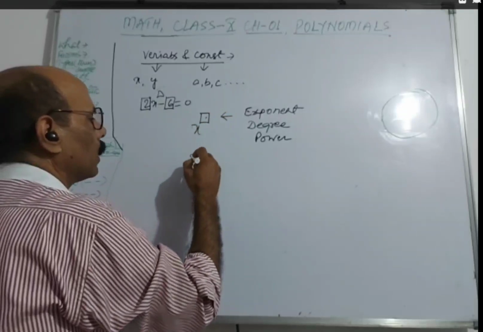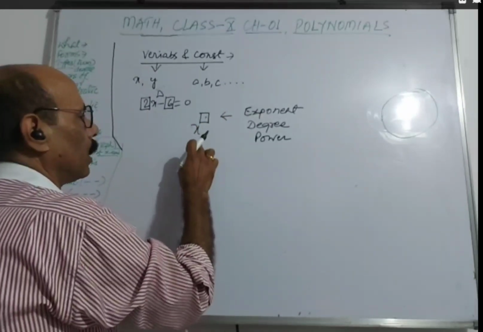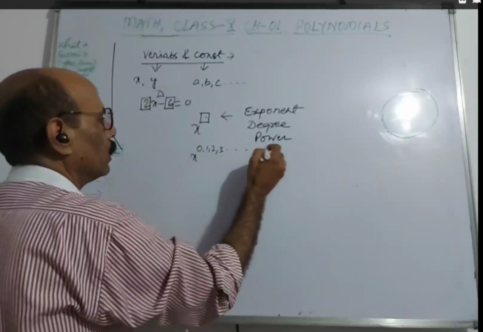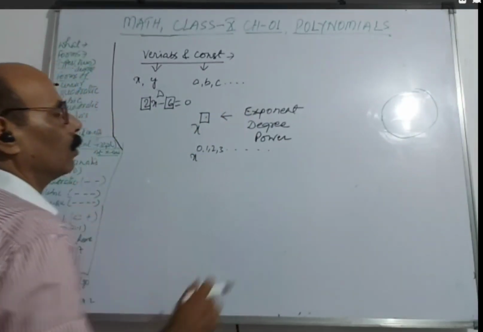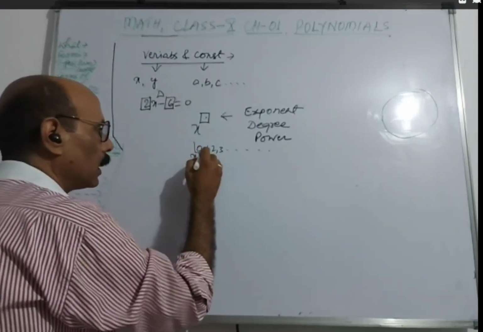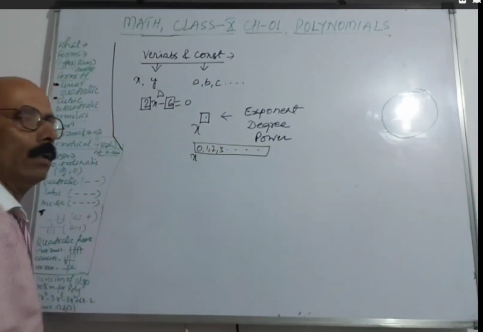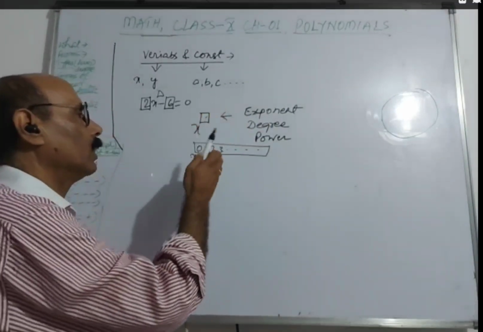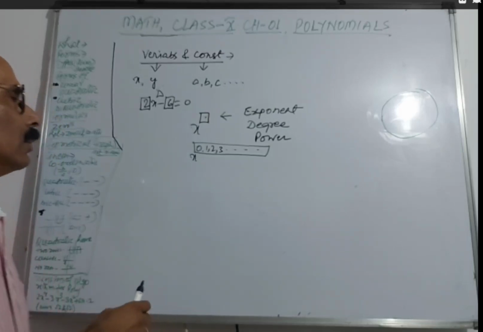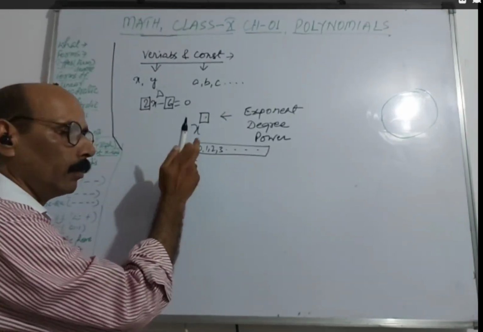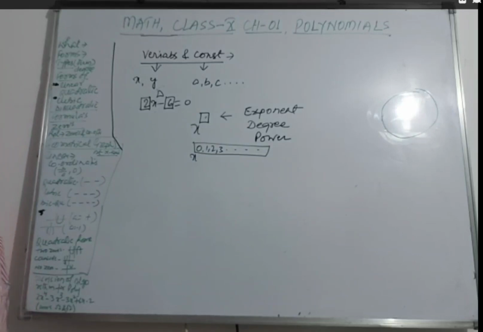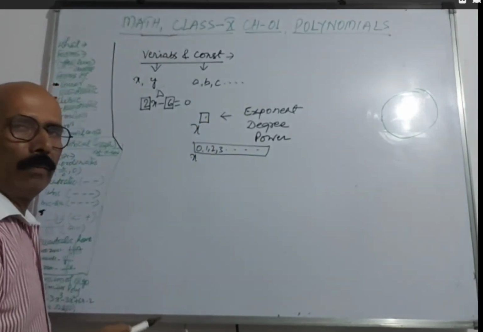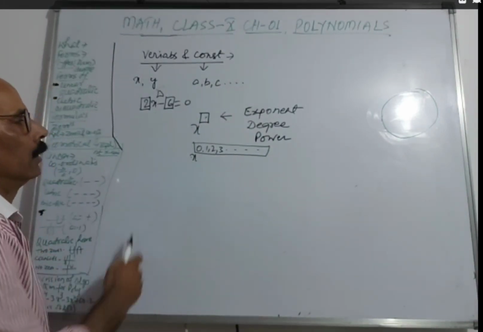That means x to the power 0, 1, 2, 3, like this, all counting numbers. Concentrate here students: if it is other than a whole number, then this is not a polynomial. Lower classes you might have understood this.